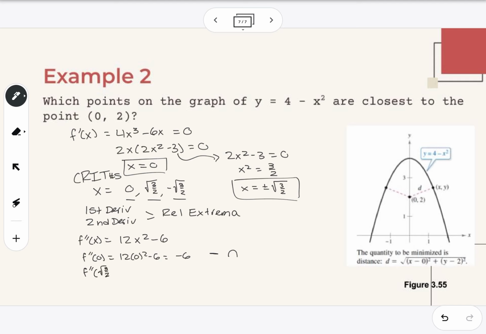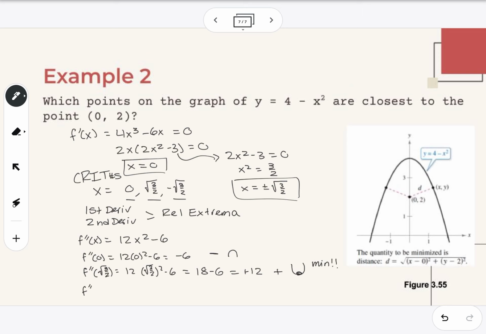Second derivative, plugging in that second critical point, 12 times radical 3/2 squared minus 6. Well, radical 3/2 squared is just 3/2. So 12 times 3/2 is going to give us 18, minus 6 is going to give us positive 12. So it's going to give us a positive, which means I'm concave up, which, ding, ding, ding, means I have a potential minimum.